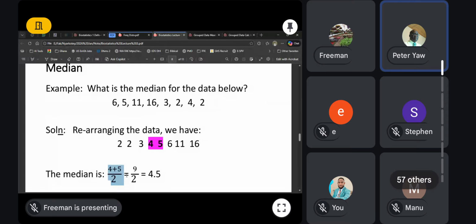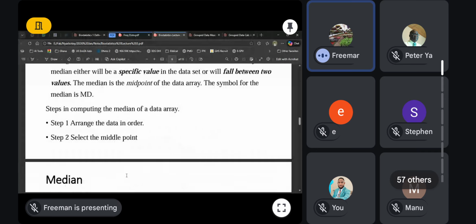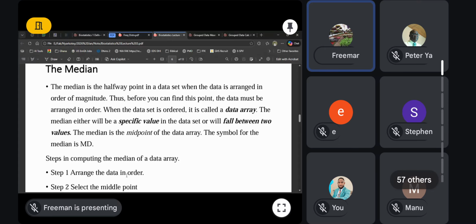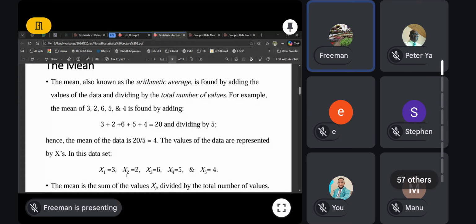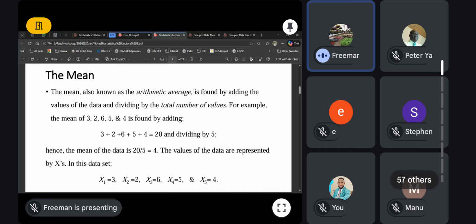I already said you find the average of the 2 numbers at the middle. You find the mean. What did we say? The mean is found by adding the values of the data and dividing by the total number of values.